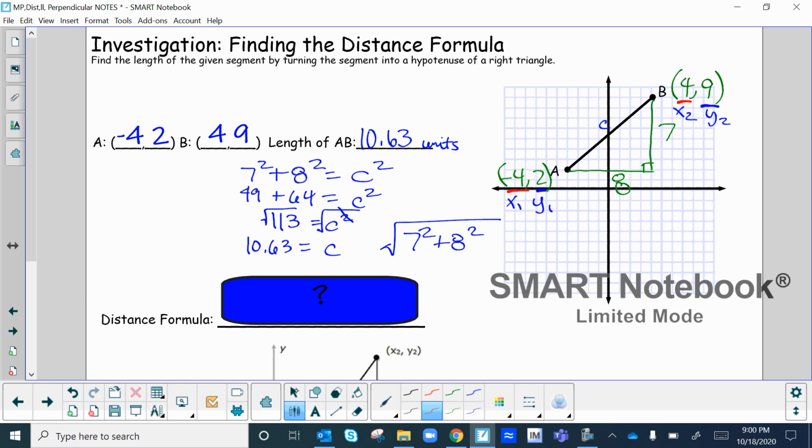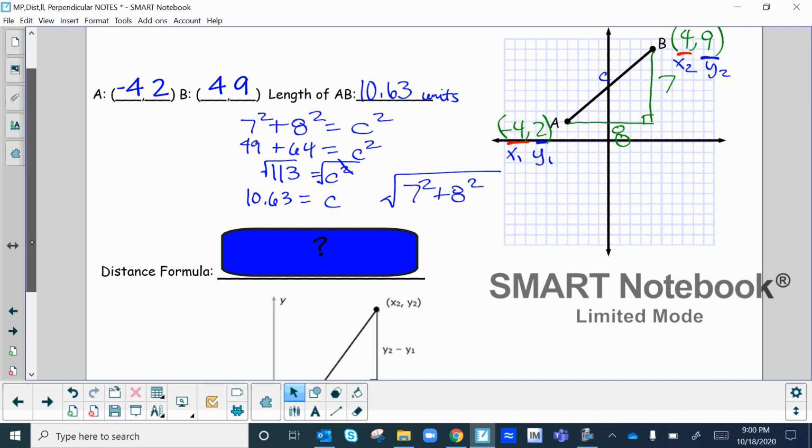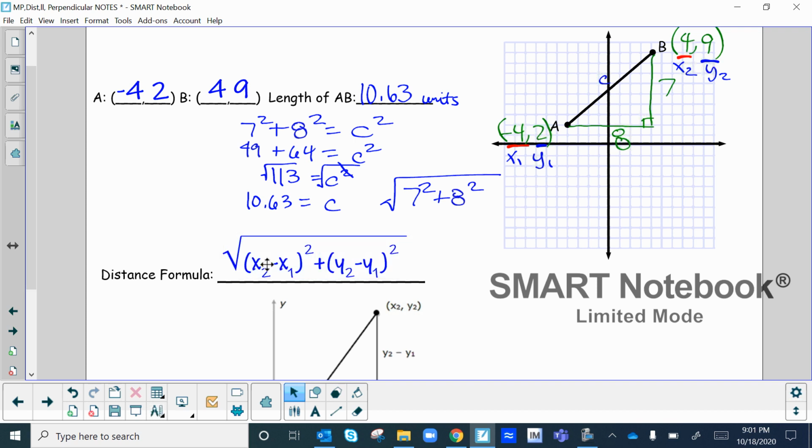So here's the actual formula that you get, which is kind of from the Pythagorean theorem. We're going to take x2 and subtract x1, and then we're going to square it. So remember, this is kind of like a squared plus b squared, and then we always have to take the square root at the end, so it's like we're square rooting that whole thing.